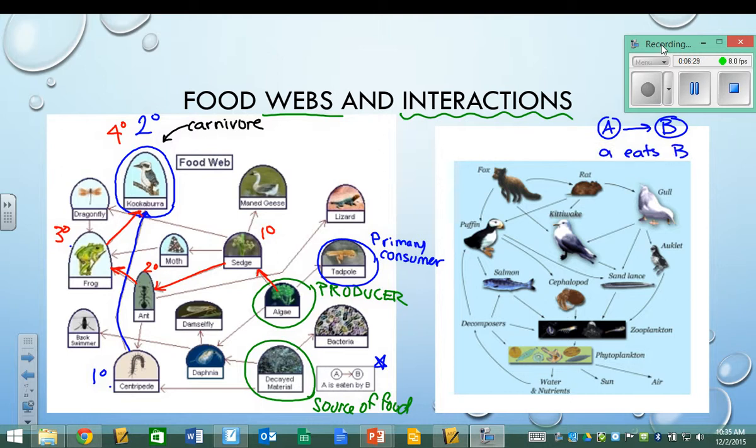A is eating B. It just depends on who decided to draw the artwork. So there is no incorrect way to represent it as long as you indicate who is eating who, or which direction things are going in.